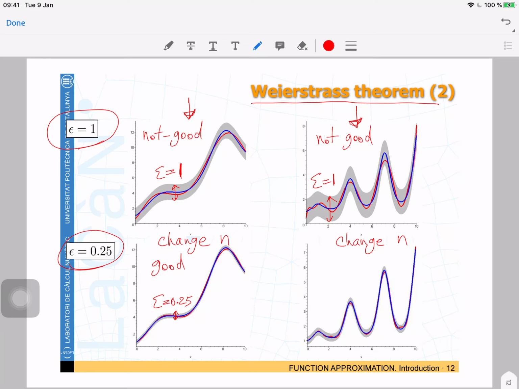And here again, we can say that the difference between the approximation and function is always less than 0.25. Based on this, we can say that this is a good approximation. So basically this epsilon again shows the goodness of our polynomial approximation coming from the Weierstrass theorem.